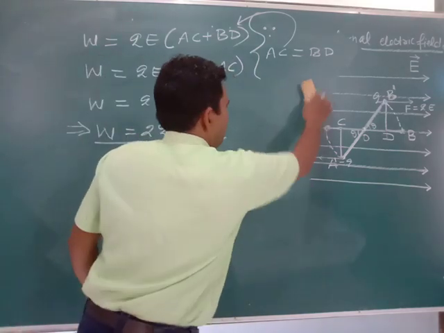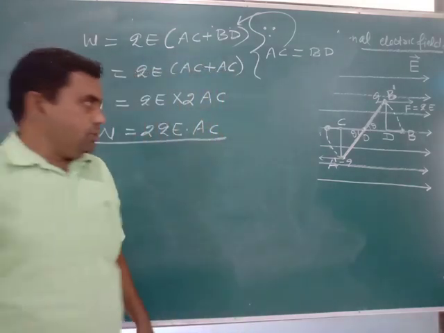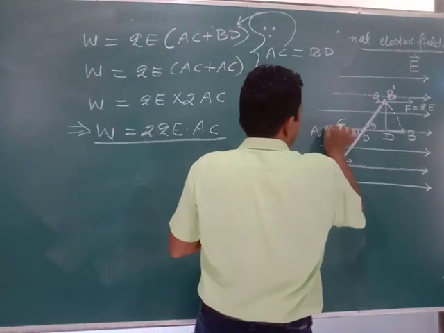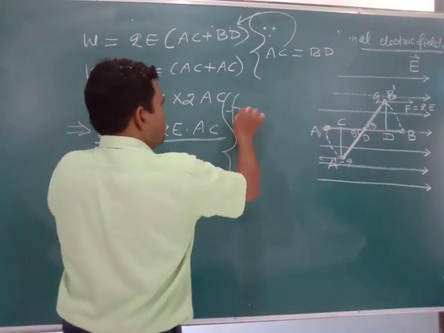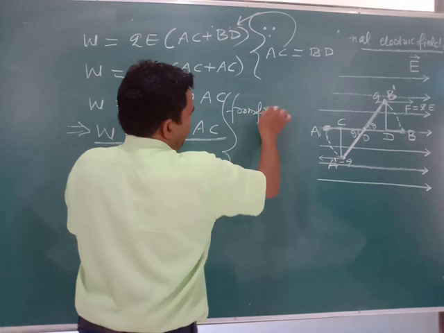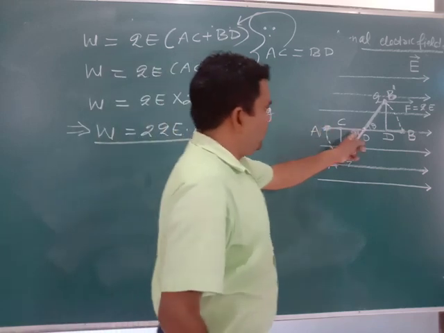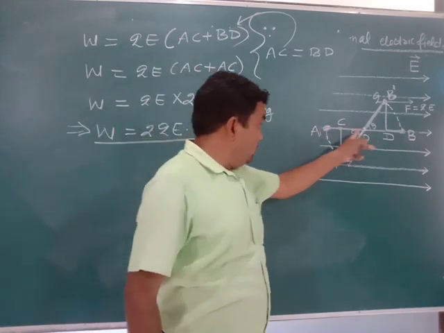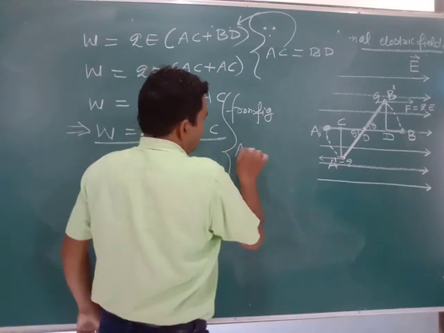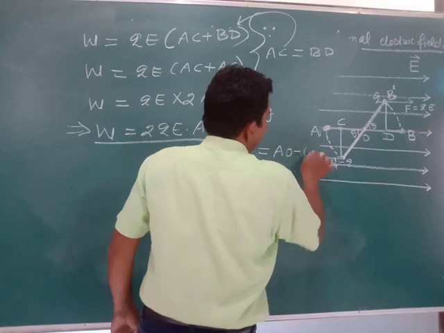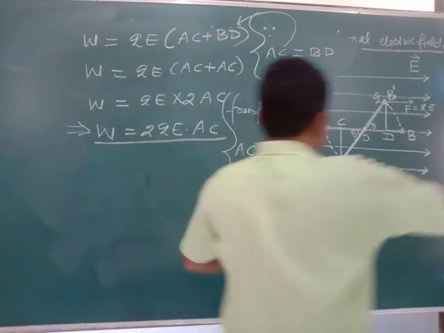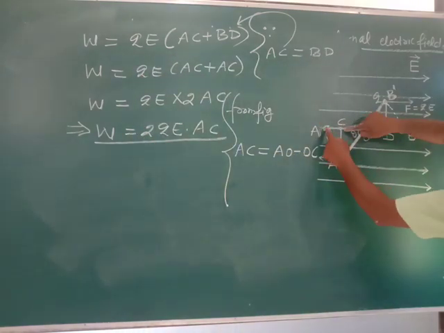From the figure, it is clear that the value of AC is equal to AO minus OC. That is, AC is equal to AO minus OC.